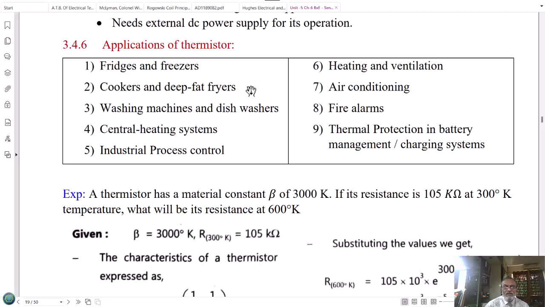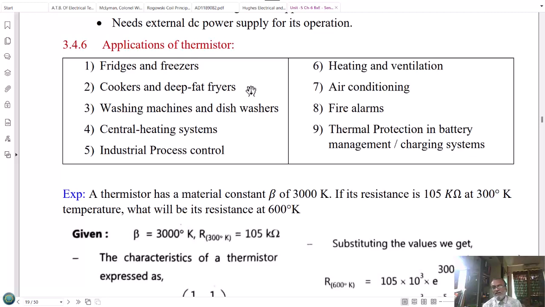In the industrial process control system also, the thermistors can be used for detection of single temperature. Heating and ventilation system automatic control also utilizes thermistors. Air conditioning, fire alarm systems can also utilize thermistors.